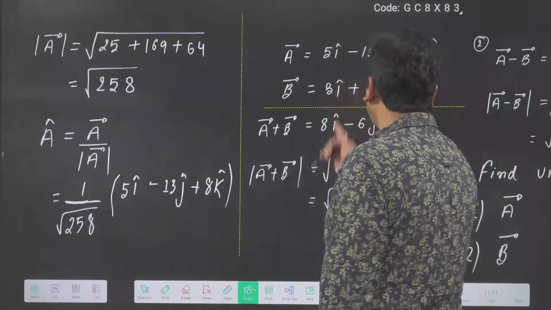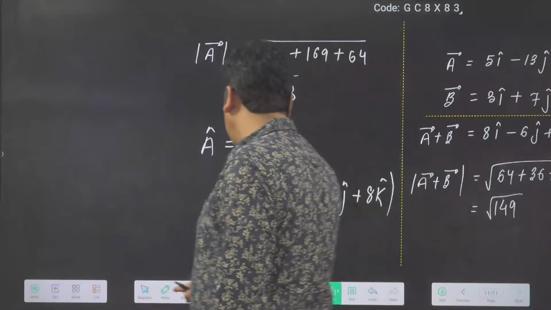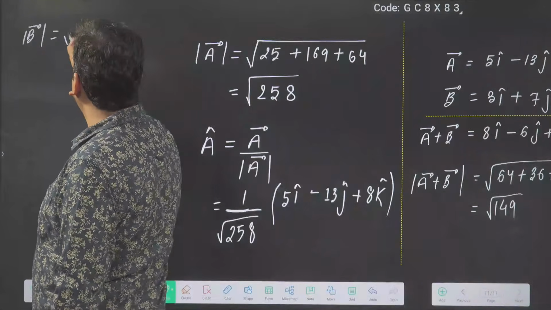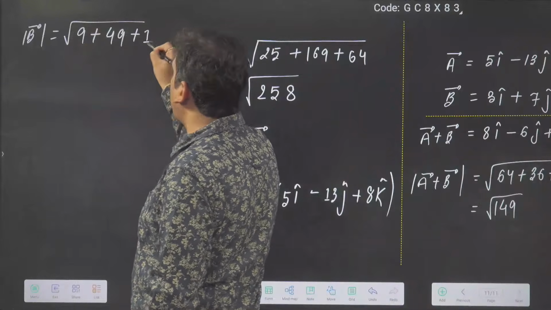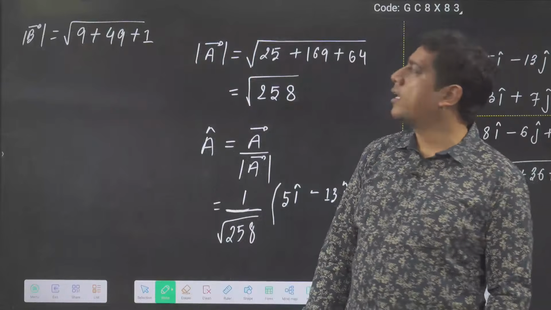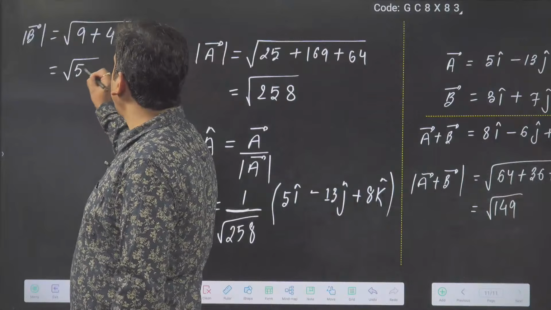Now B, come on, let's find the magnitude of B. 3, 7 and 1 is there. So the magnitude of B vector will be 3 square 9, 7 square 49, 1 square is 1, which gives 59, and it becomes root 59.